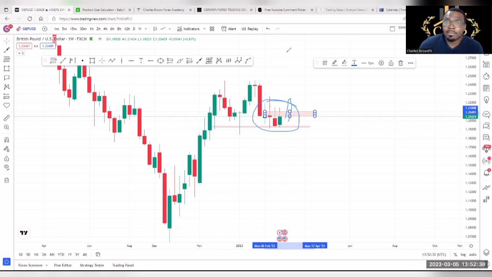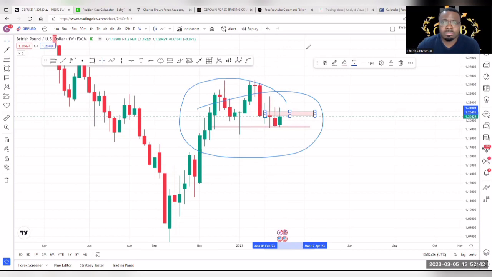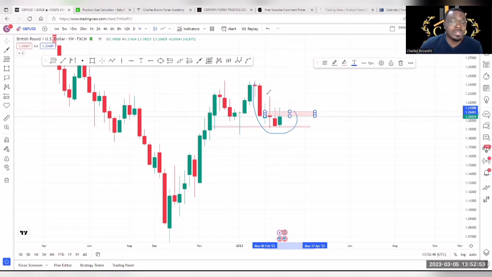It can happen. Remember, these are weekly candles, so we're not really considering what effect it is going to have on the higher time frame. Rather, the effect is going to be on the lower time frame. So firstly, I still hold the ground that the market still wants to sell.